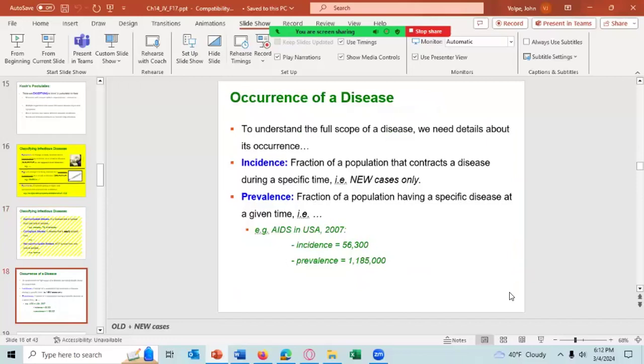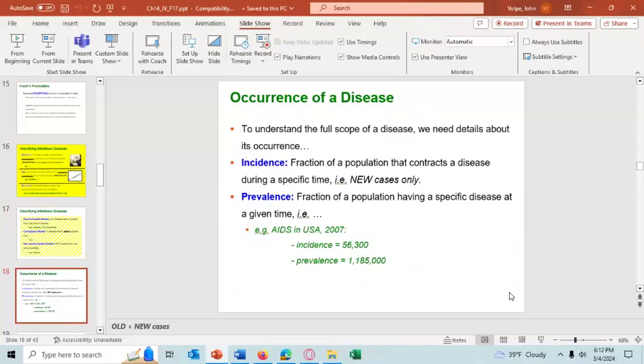All right, when talking about the occurrence of disease, it's important to get the full scope of the disease. You need details about its occurrence. The occurrence has two terms, the incidence and the prevalence, that describe it. Incidence is the fraction of a population that contracts a disease during a specific period of time.